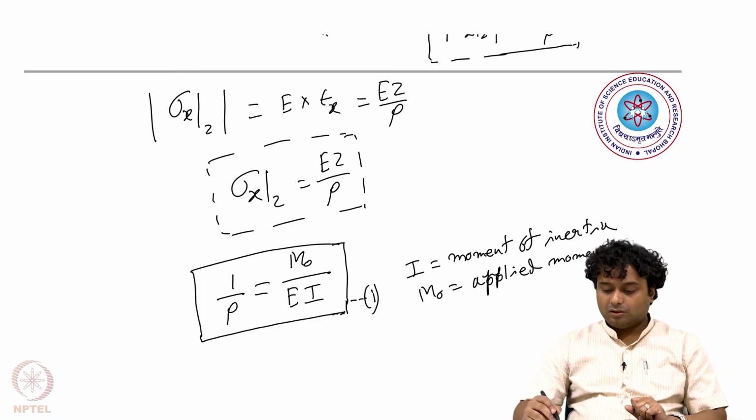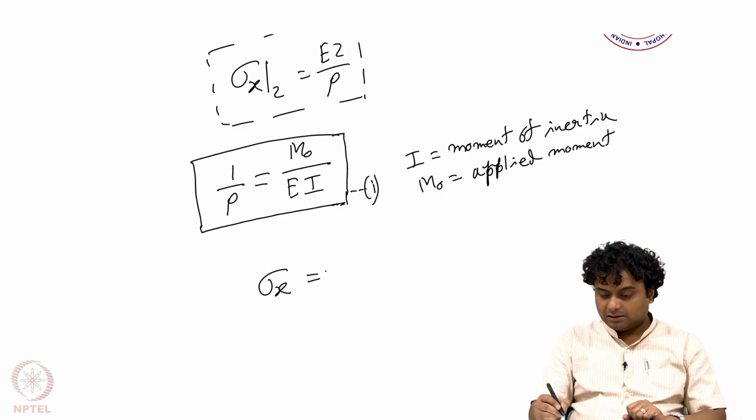And then also we got that 1 by rho is equal to M by EI, where M is the moment, E is the Young's modulus and I is the moment of inertia. If we combine these two, then we get that sigma x equals M0 z by I.